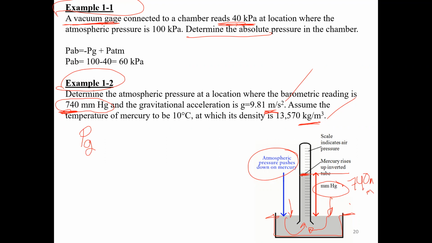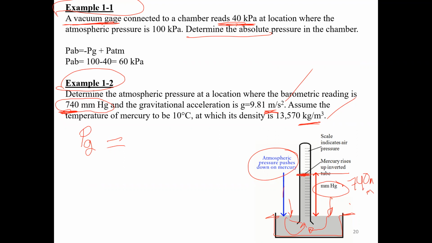We said the level of the mercury is fixed at a certain point here, doesn't go down anymore. So it means that the atmospheric pressure is equal to the mercury pressure, correct? So therefore we can say P gauge is equal to rho g h.